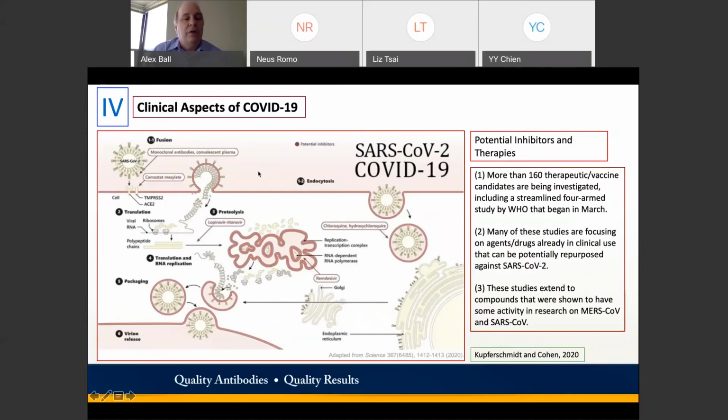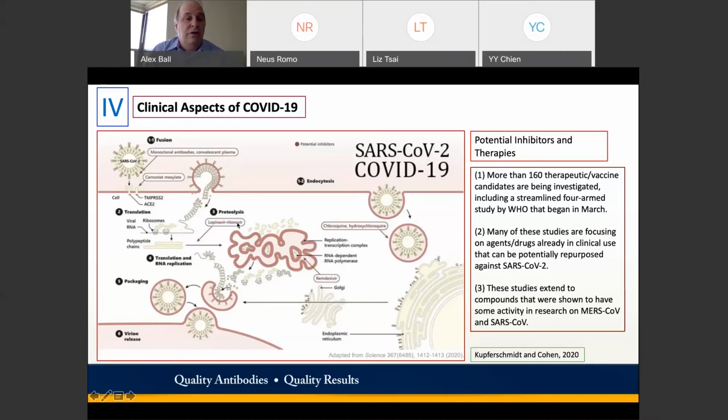What clinicians and researchers have tried to do to save as many lives and help as many people as possible is initiate many studies using drugs that already have acceptable safety profiles and repurpose them for use against SARS-CoV-2. For example, lopinavir and ritonavir are protease inhibitors developed for HIV. As I mentioned earlier, remdesivir is a polymerase inhibitor, I think initially developed for Ebola, and this has been having some positive effect for severe cases.